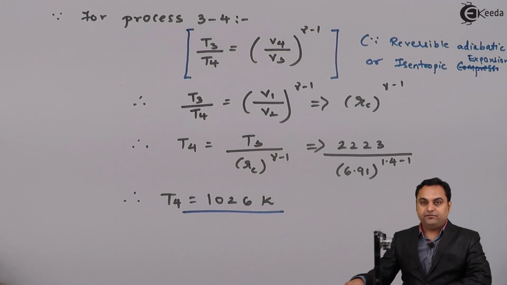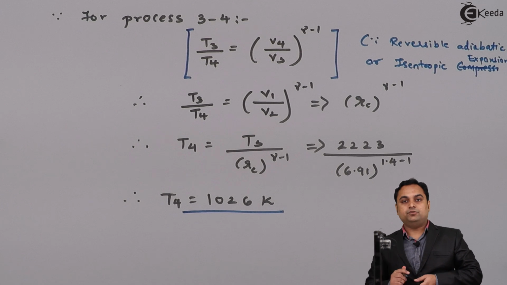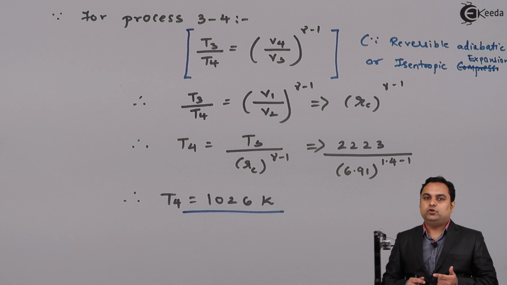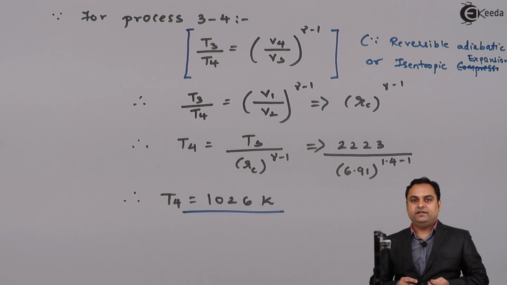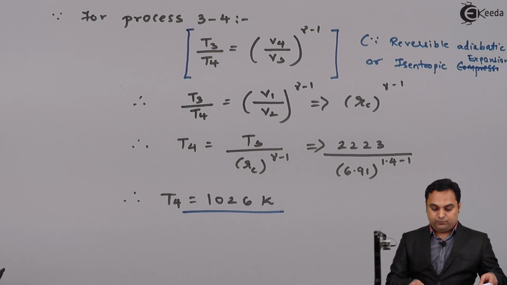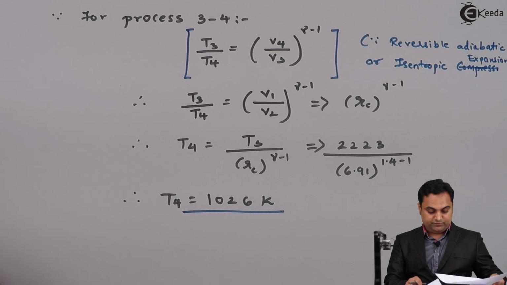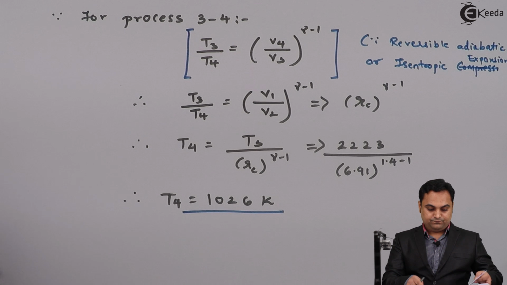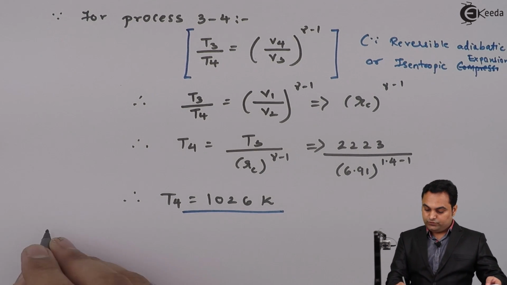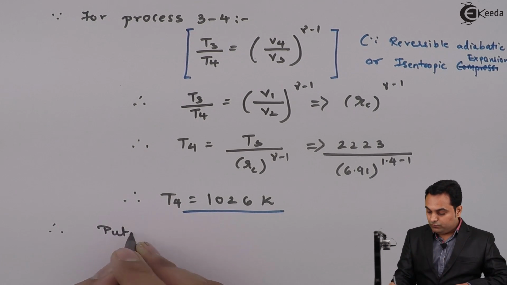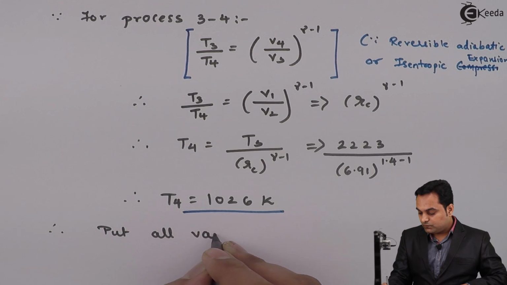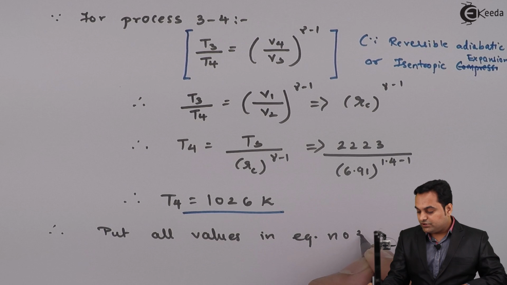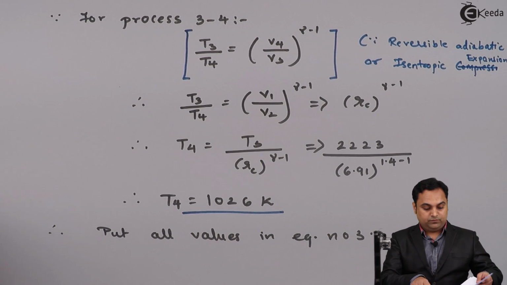Now after getting T4, again we are going to assume mass as 1 kg, CV value as 0.717 kilojoule per kg Kelvin, like in heat added process. So I'll put all the values in equation number 3.